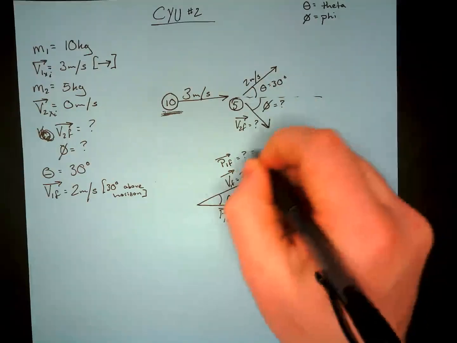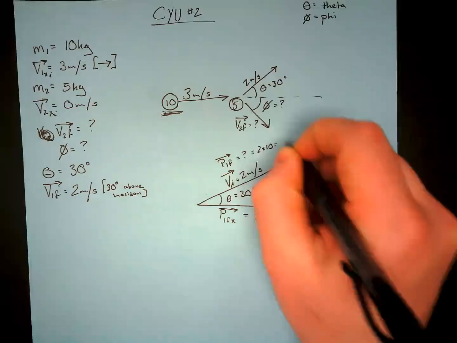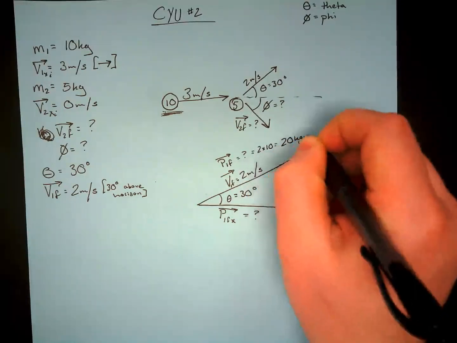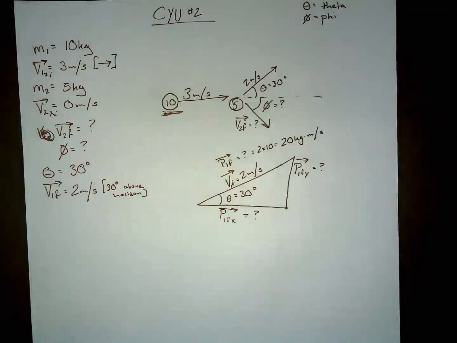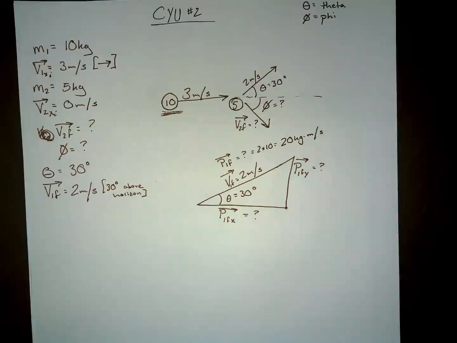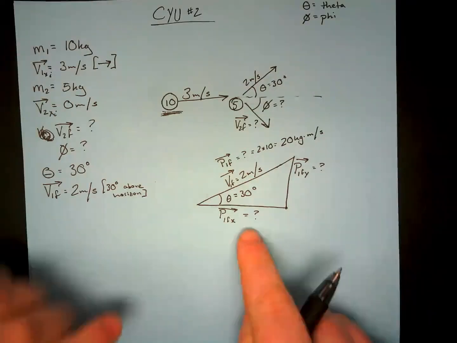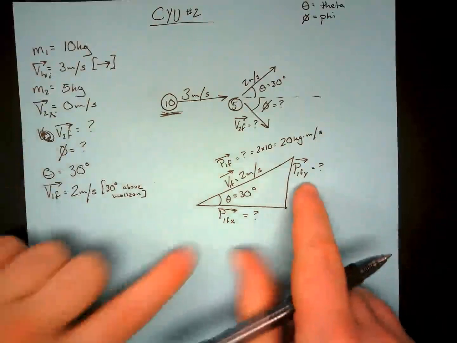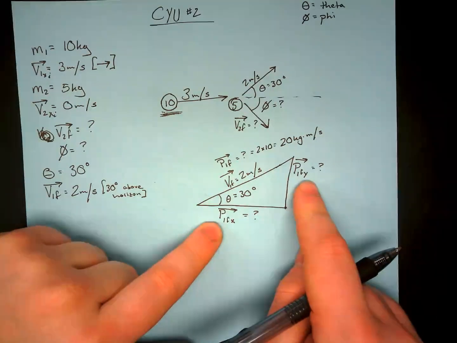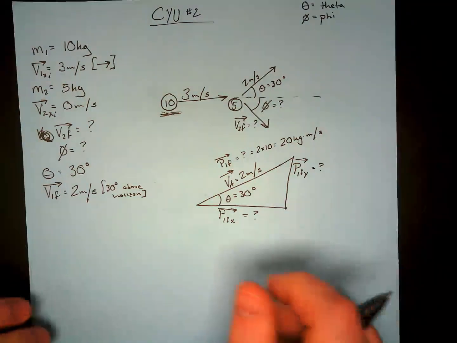So that's 2 times 10, which gives us 20 kilograms meters per second. Okay, so we've got that. Before I get into how we find these two, let's just write this down so it makes sense in our brains here.